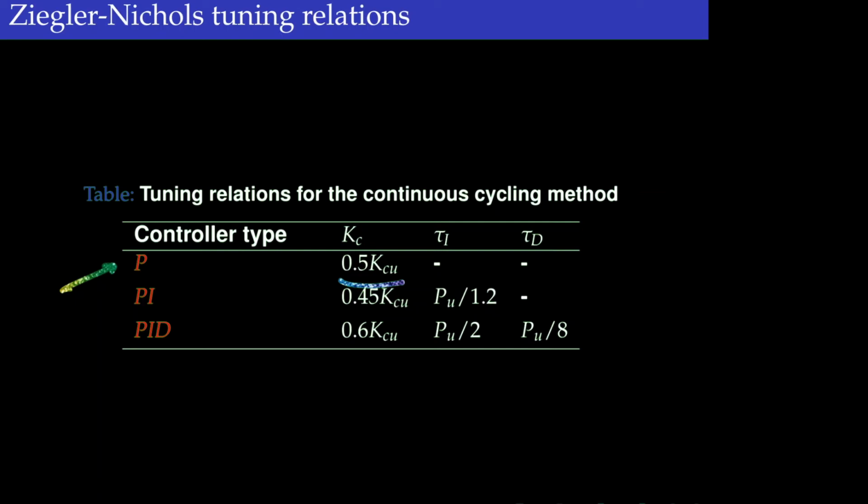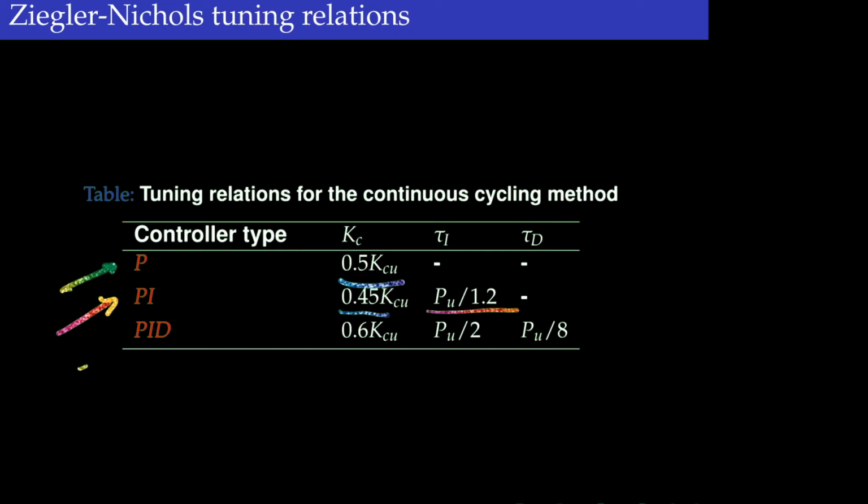So 0.5 Kcu refers to half of the value for which the process may become unstable. Now if you define a PI controller, the Kc value is 0.45 Kcu and tau I is Pu, the ultimate period, over 1.2.